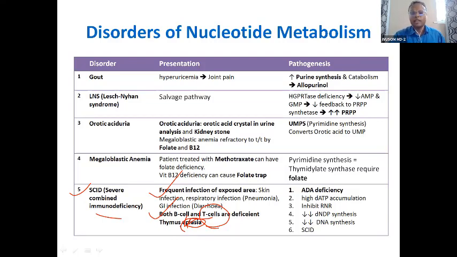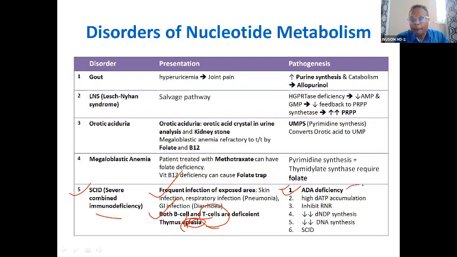There are 4 or 5 causes of SCID, but for us the most important is ADA deficiency. ADA is a catabolic enzyme that catabolizes ATP or deoxy ATP.